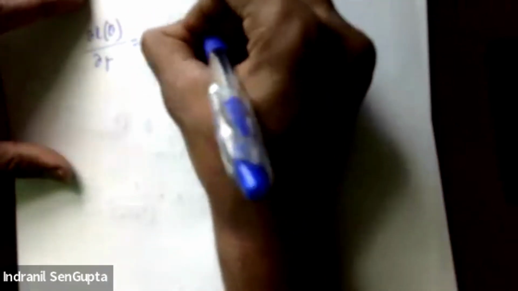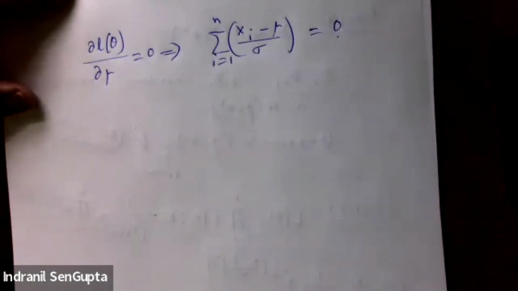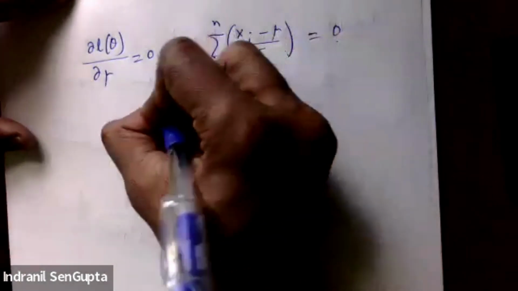Now dL/d mu equals 0 would give me essentially the sum i from 1 to n of (xi minus mu) over sigma equals 0. Let's see what it gives me.